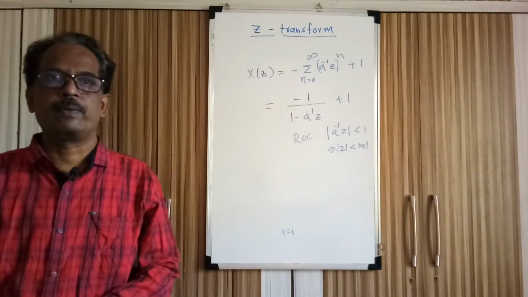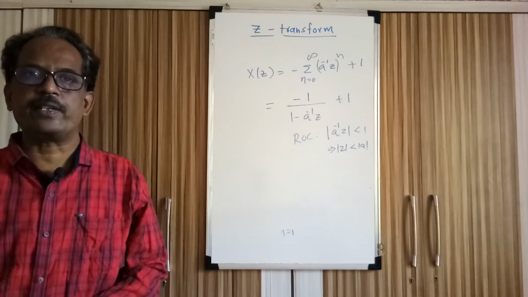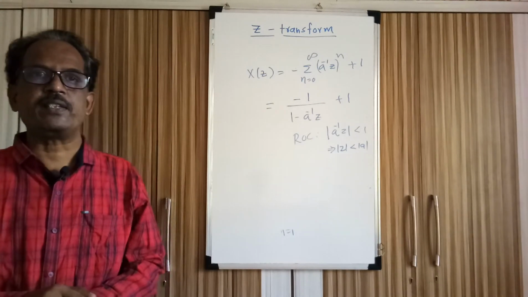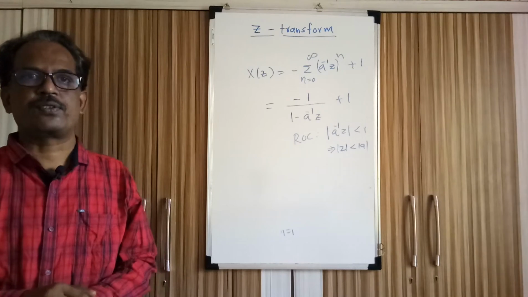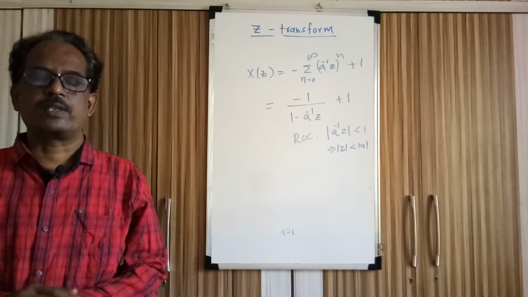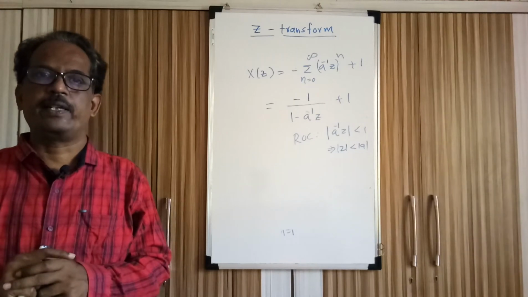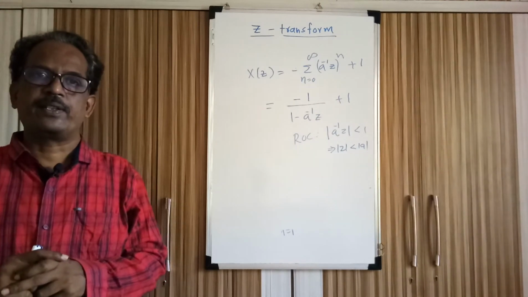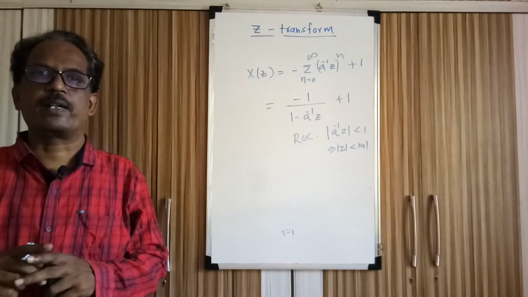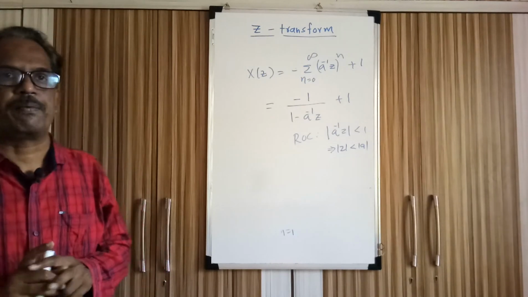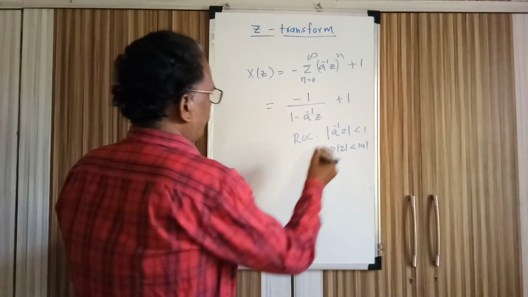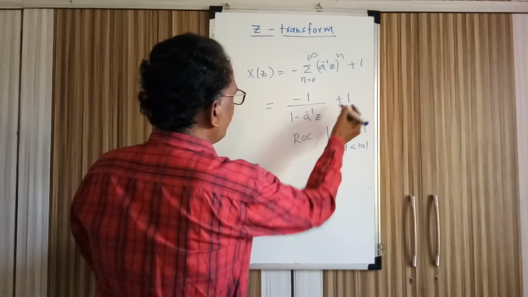Now in this problem, since the sequence is anticausal, it is going down to minus infinity, so it is a left-sided sequence. In this case your ROC is inside the circle of radius A. So before plotting the ROC, I will just simplify this.